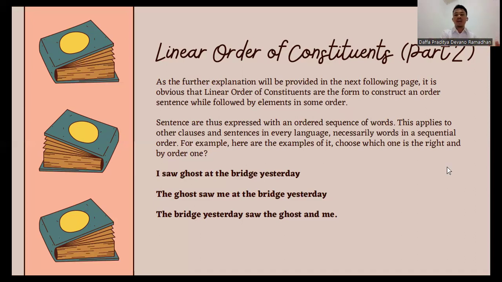How can we ensure that the ghost is really seeing us, or me, or humans in general, at the bridge yesterday? It's a question, and of course we cannot answer that logically. And then for the third one, of course, the bridge yesterday saw the ghost and me.